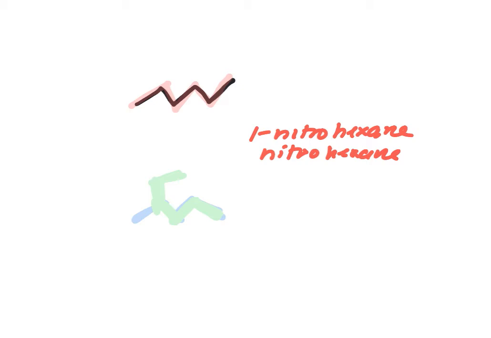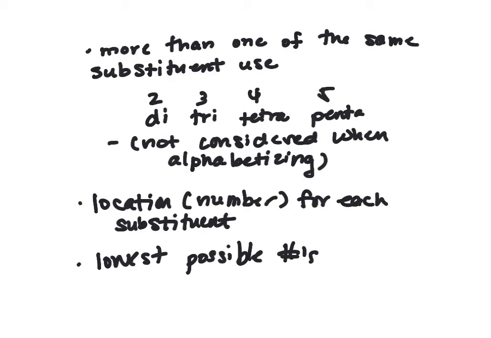So now we're going to look at some examples where we have more than one substituent. When you have multiple substituents, particularly if you have more than one of the same substituent, you will use di, tri, tetra, or penta, which indicates 2, 3, 4, or 5 respectively, for the substituent. These prefixes will not be considered when alphabetizing and assembling the name.